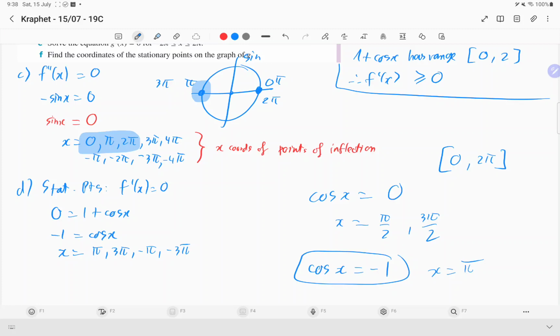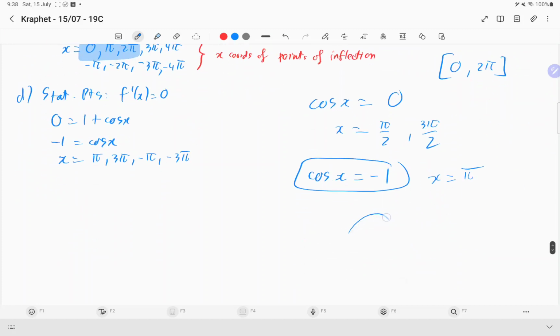Okay? So visualization looks something like this. So this is the cos graph, it looks like that, right? There is only one point where the y value equals negative 1, as opposed to the sine function, where there are 1, 2, and 3 points where the sine value equals 0. Okay, so these are the two special cases.